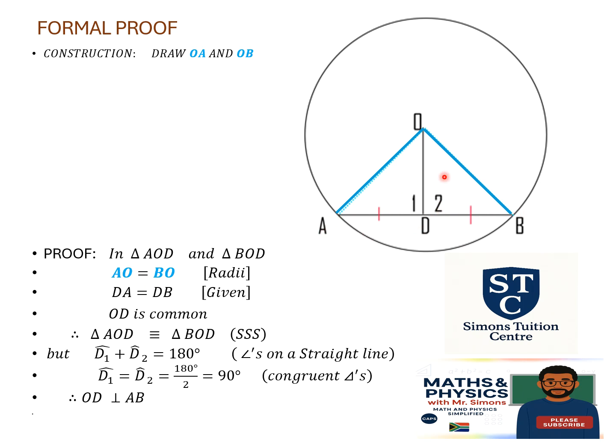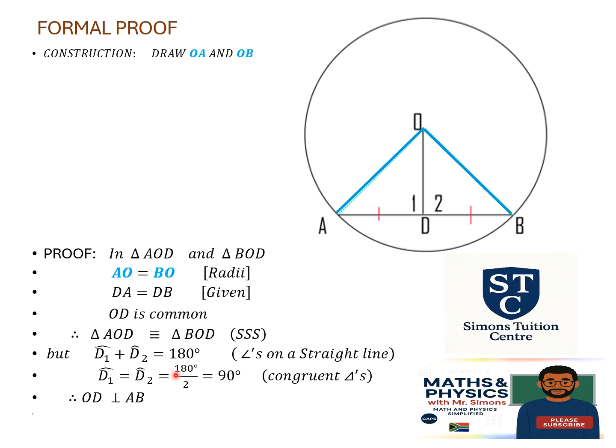Angles on a straight line, as you remember from grade 8 and 9, always add up to 180 degrees. So D1 plus D2 equals 180, angles on a straight line. But D1 equals D2 because we've proven that the triangles are congruent.